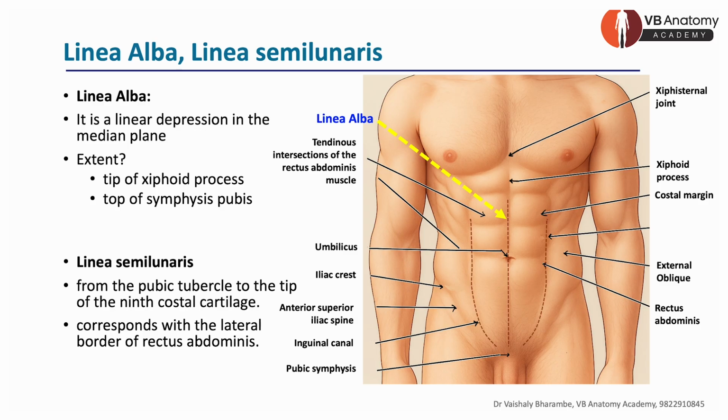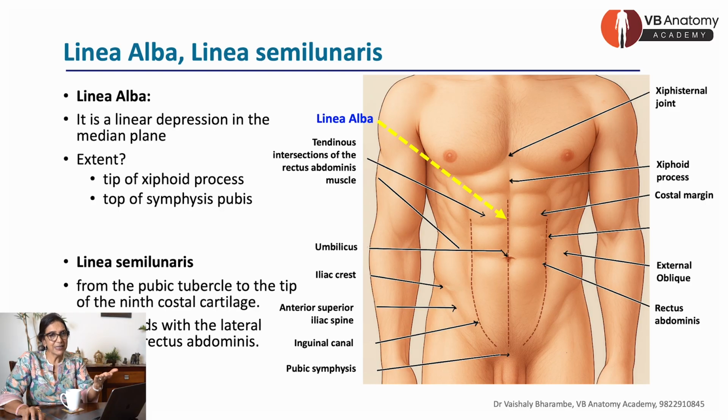If you have strong abdominal muscles, then you will be able to see them. That's the linea semilunaris, which corresponds to the lateral edge of the rectus abdominis, extending up to the tip of the ninth costal cartilage, below to the pubic tubercle. You can see it in quite a few people. Of course, as the abdominal tone goes, this becomes less well visualized.